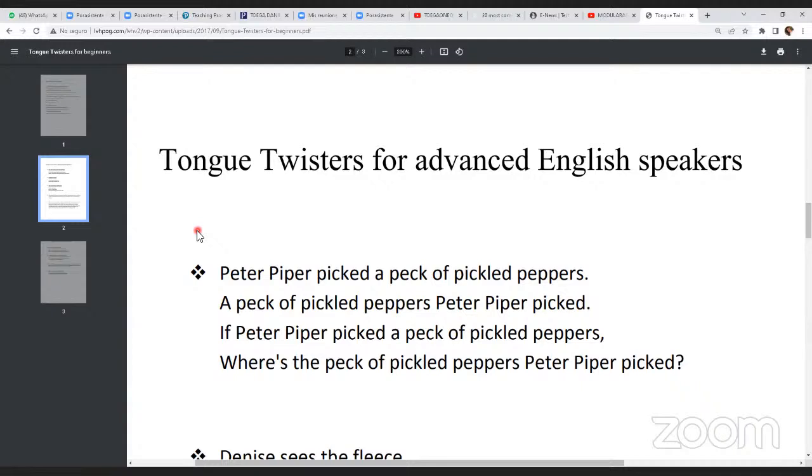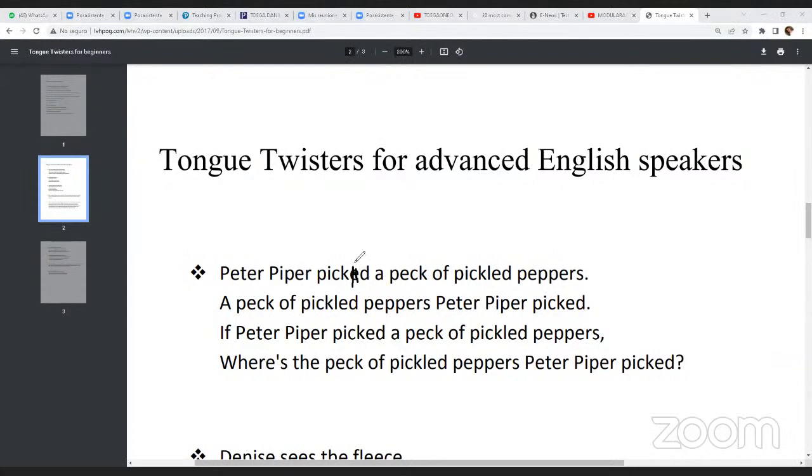Peter Piper picked a peck of pickled peppers. Peck of pickled peppers. Peter Piper picked a peck of pickled peppers.